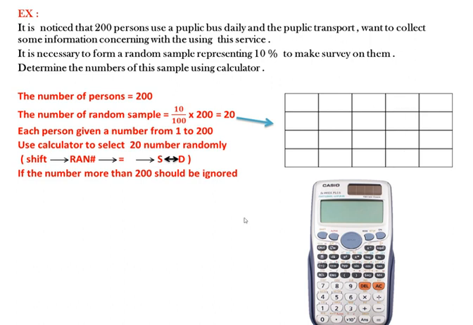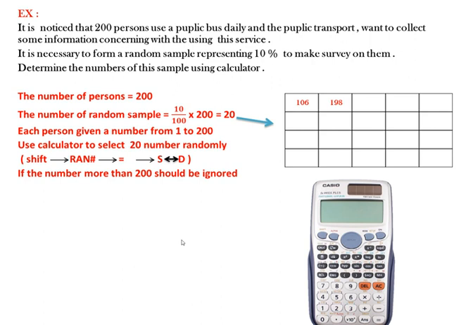The first, press shift, then ran, then equal, then S-D, we get 0.106. Remove the decimal point, we get 106. Try again: shift, ran, equal, then S-D, we get 0.198.